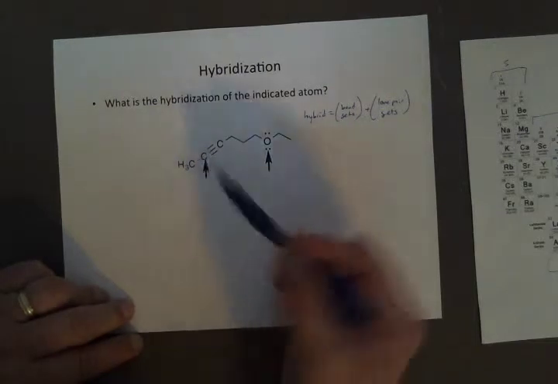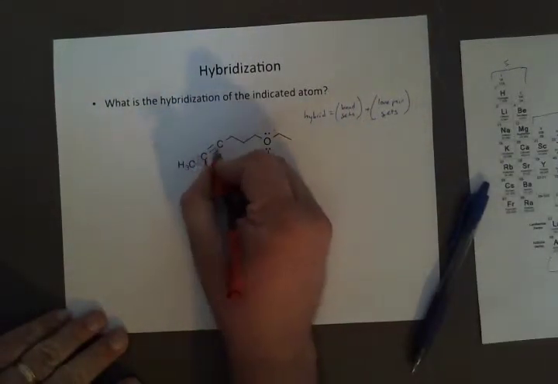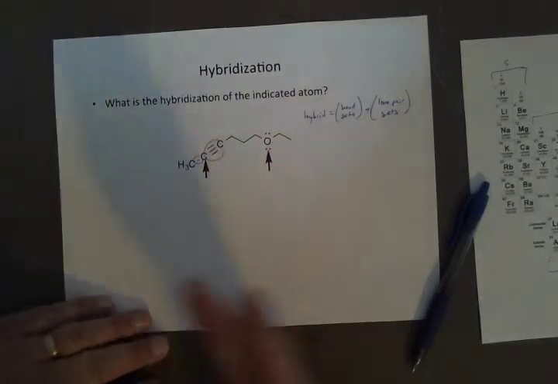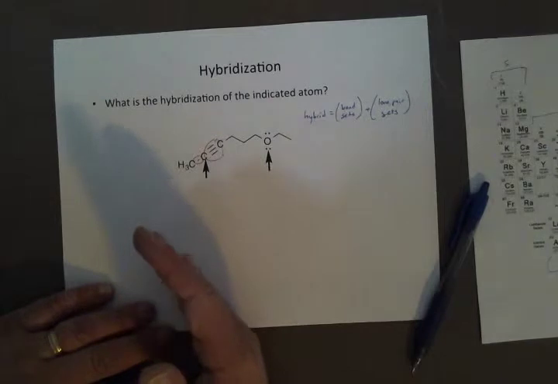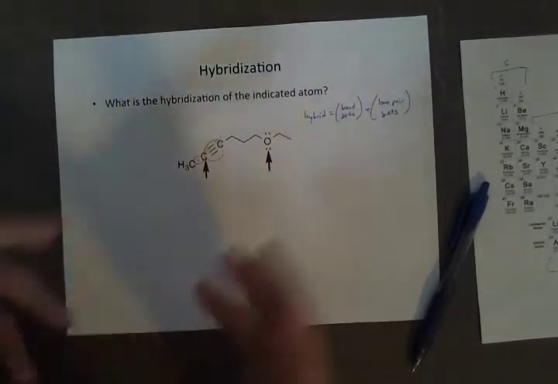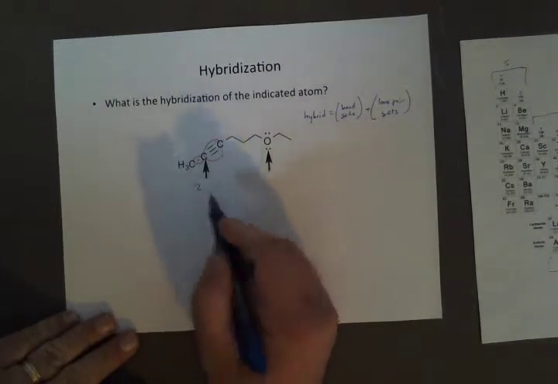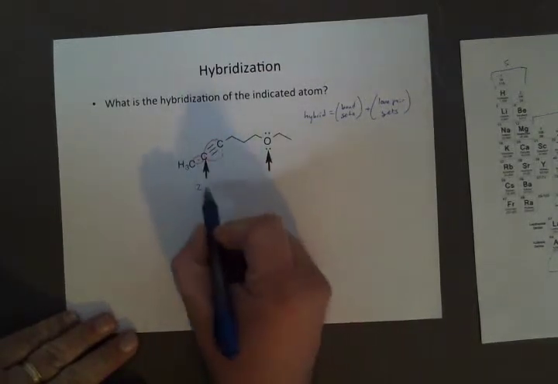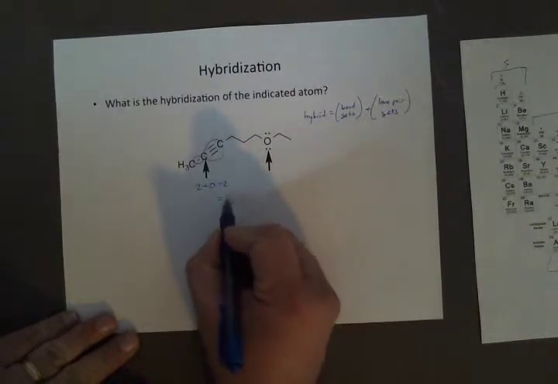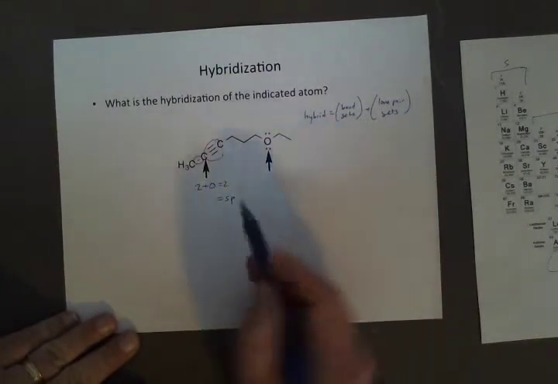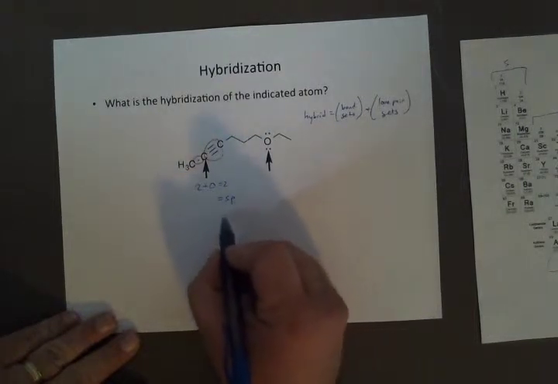So for this one, how many bond sets does it have? It has 1, 2. This is one of those few cases where a single, double, or triple bond all count equally. So it has 2 bond sets, and it doesn't have any lone pairs. So it's 2, and we need 2 letters. So it's S, P. You start with S and then just keep adding letters, so it'd be SP1.